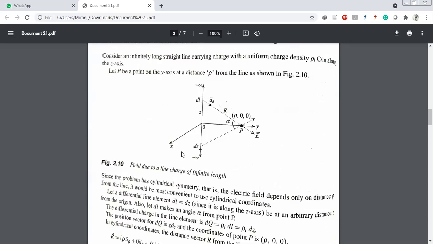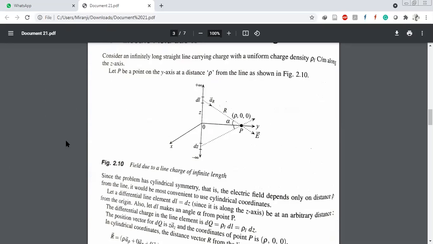In the written notes I have shared, it is slightly different, but the concept is the same. Let P be a point on the y axis at a distance rho from the line, as shown in the figure.